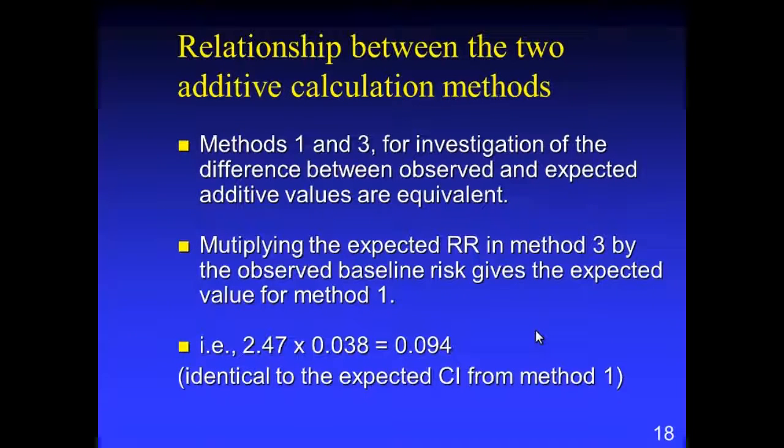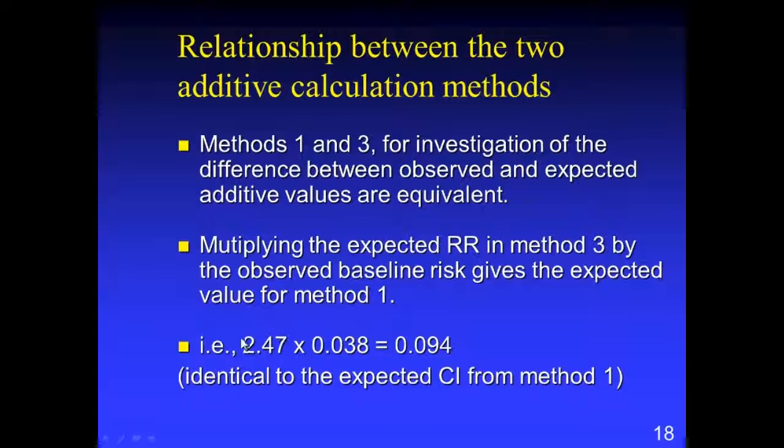The two methods for assessing additive effect modification are basically exactly equivalent. If you find synergy on one scale, by using one method, you'll find it using the other method. And if you find antagonism using one method, you'll find it using the other method. And basically, there's a simple equivalence of the two.